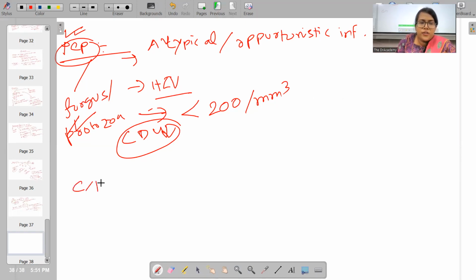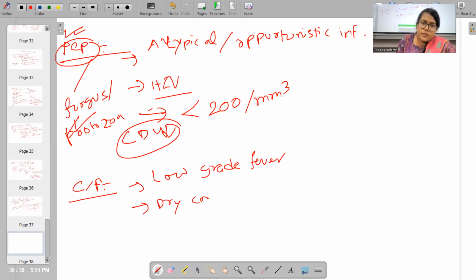Before that, clinical features of PCP will be low-grade fever, dry cough, shortness of breath, kind of like COVID, okay? And a characteristic finding is that there will be desaturation on exercise.